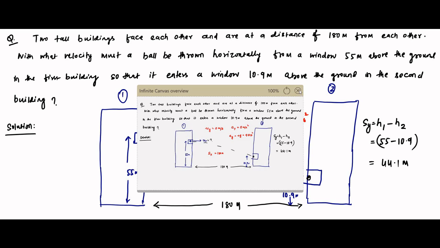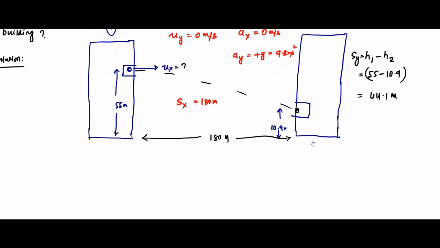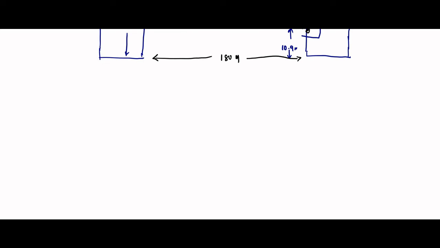Now what we have to do is put the equations of motion in component form. First, Sy is equal to uy t plus 1/2 ay t square. Initial vertical velocity is 0, so this whole term will become 0. That means Sy, which is the difference between the window heights, 44.1 is equal to 1/2 into ay, that is acceleration due to gravity, into 9.8 into t square.